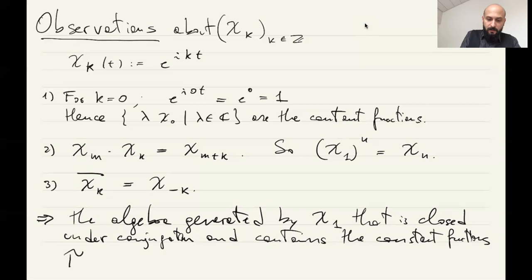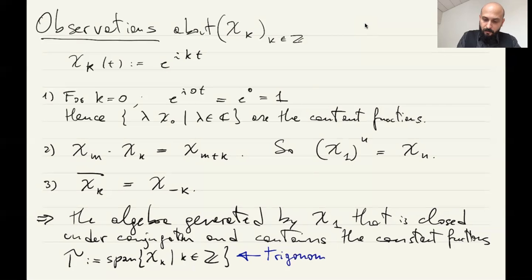Let's give a name, T, just the span of e_k when k runs in Z. So this family here, this span, let's give a name. So these are what are called the trigonometric polynomials.